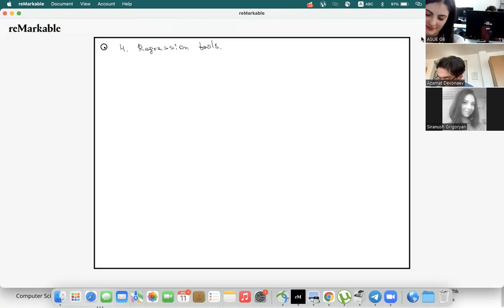So regression tools. What you really have in econometrics is the famous regression. Regressions can be linear or non-linear, but in this class we are going to be interested particularly in the linear regression.